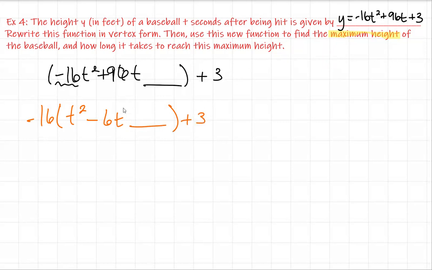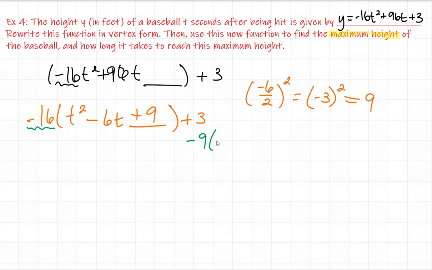All right, so b over 2 squared, negative 6 over 2 squared, is negative 3 squared, which is 9. So plus 9. How do we balance? Remember, it's minus 9 times our a, minus 16.